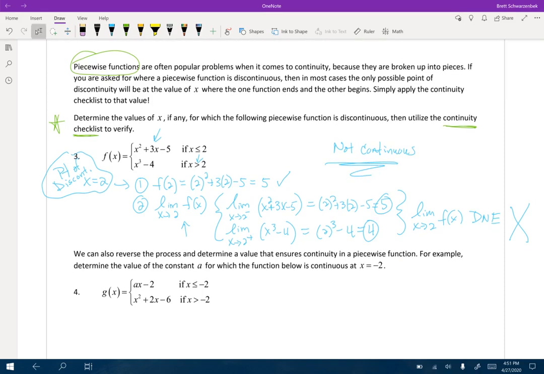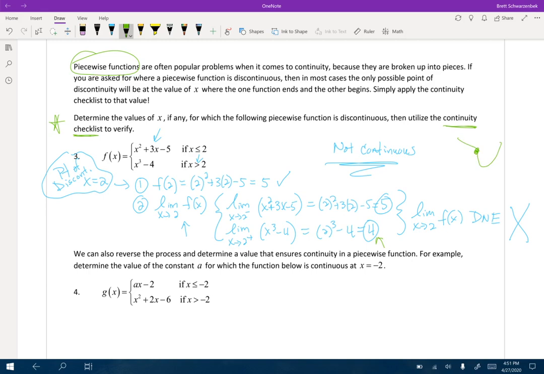Okay, so this problem is effectively done, but I need to talk about something else in terms of this process. So let's just, for argument's sake, say that this ended up being 5. What does that mean exactly? That means that this graph would be one of those where it actually connects.